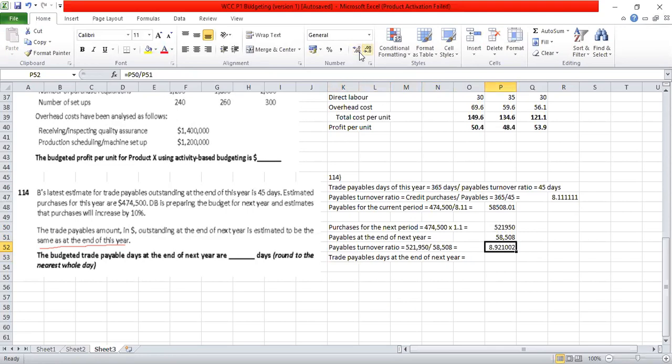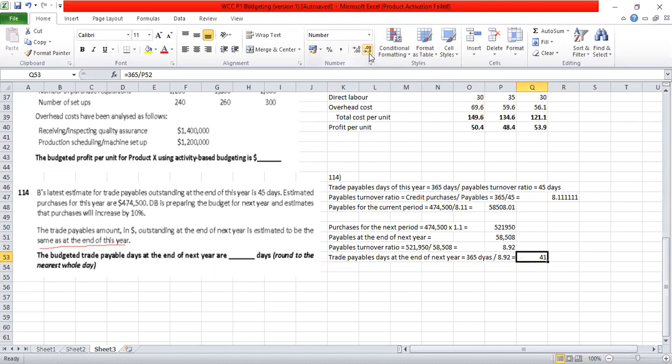We got it as 8.92. So now trade payables days will be 365 days divided by 8.92, which is 40.91 days.